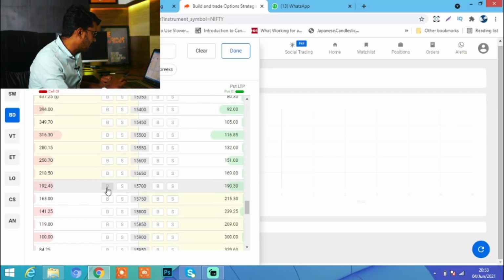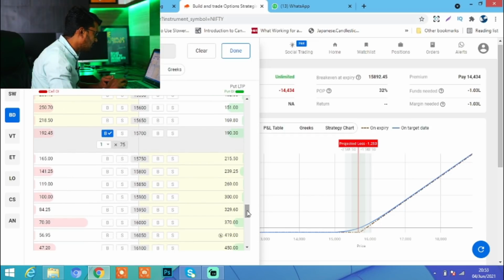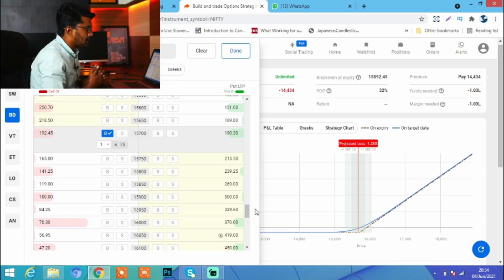If you want to construct a ratio spread, what I am going to do is, since the market is at 15,700, I am going to buy the 15,700 strike, which is at the money, for around 192 rupees. And I am going to sell far out of the money calls. Since I am bullish and I expect the market to go forward, it might be testing 16,000, or maybe 15,800 or 15,900.